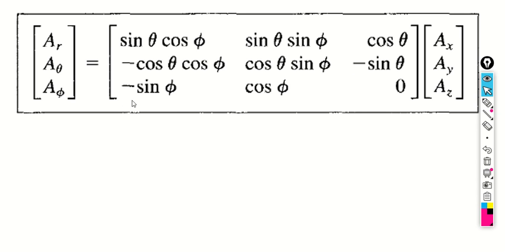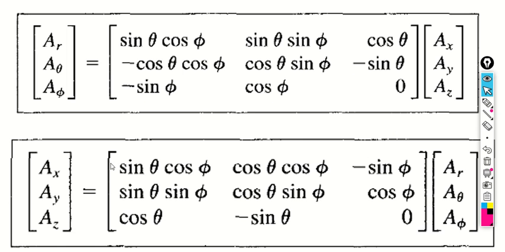Last is minus sin phi cos phi 0. And the second relationship, if my spherical coordinate system is given to me and I want to calculate the Cartesian coordinates, then I will be using the following matrix. So this completes the basics of your vector transformation.